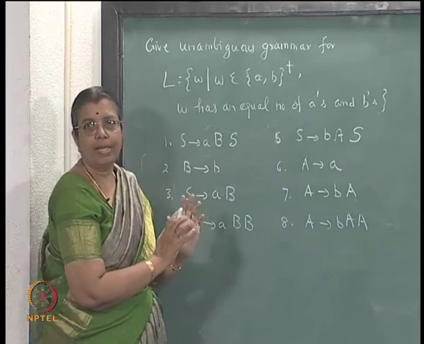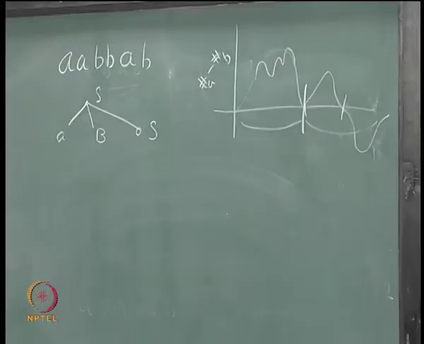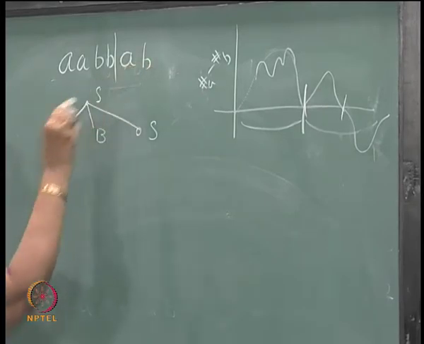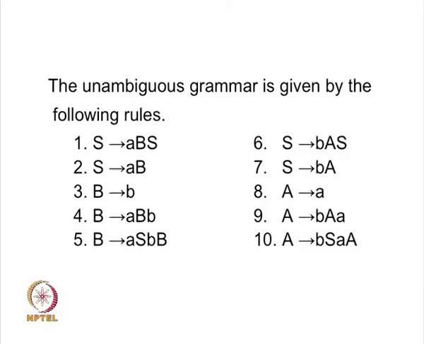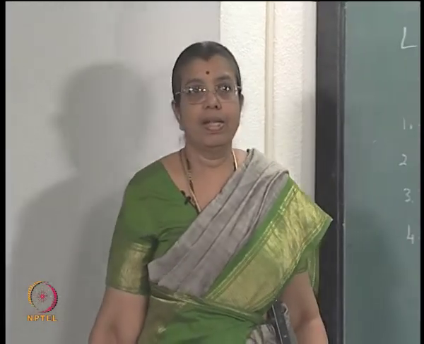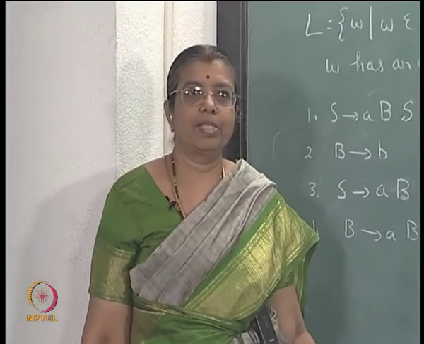Since AABB, the first time this portion has equal number of A's and B's, and the other portion AB also has equal number of A's and B's. So, from this S you should be able to derive this AABB, from this portion you should be able to derive this. If you do this, any string can be derived only in one possible way.